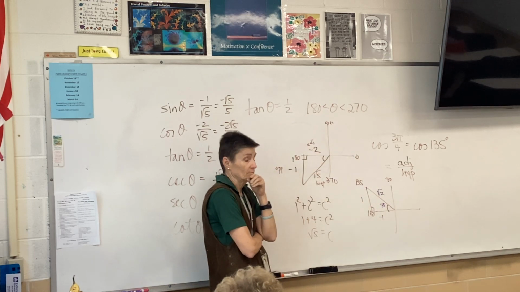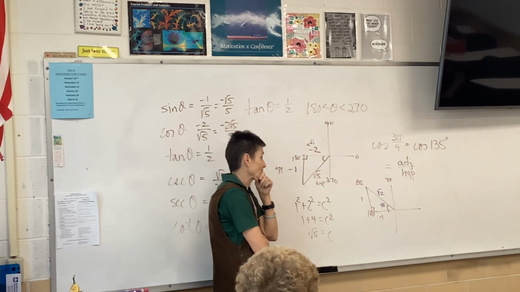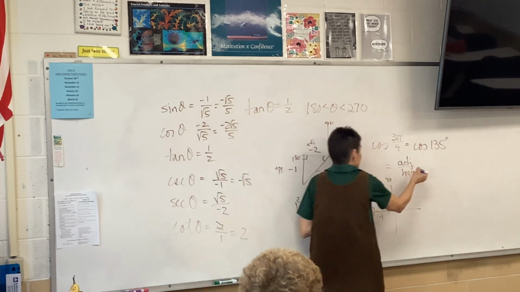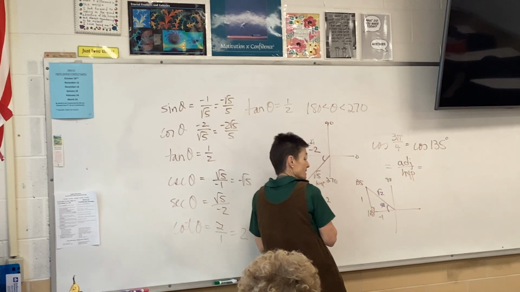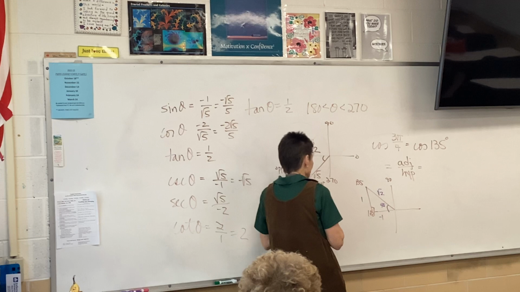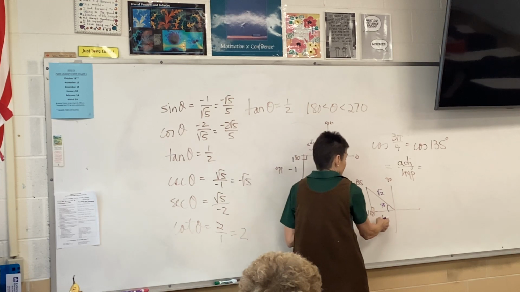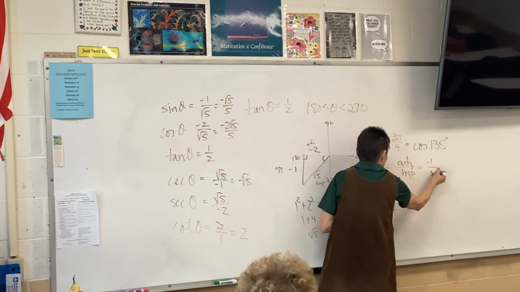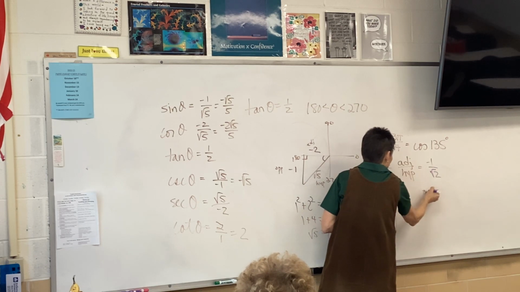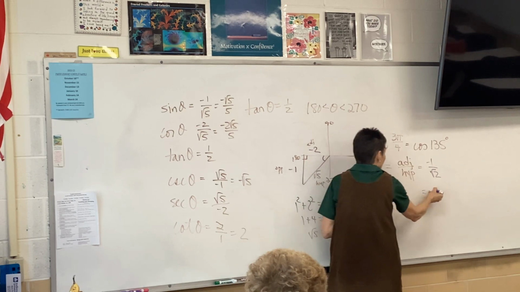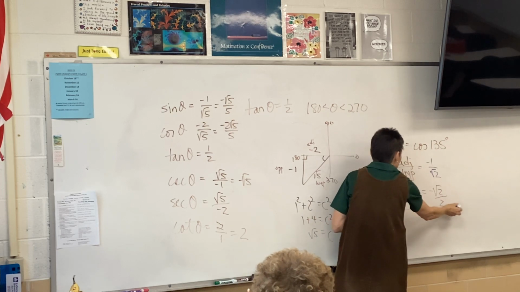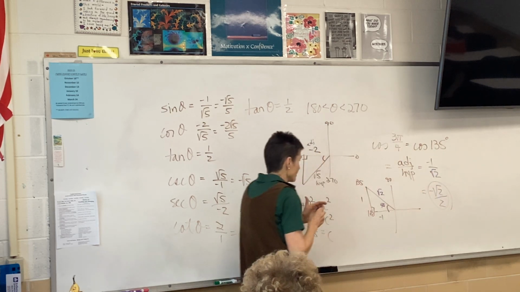Never negative. Now I'm ready. Adjacent over hypotenuse. Adjacent is -1, and hypotenuse is √2. So if I want to get an A plus, I'm going to clean that up, and there is the final answer to the problem.